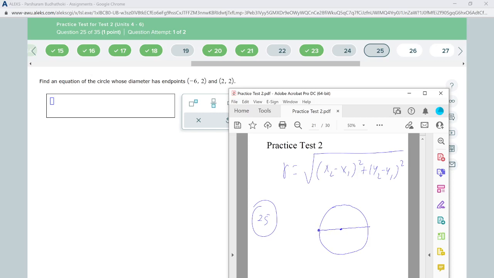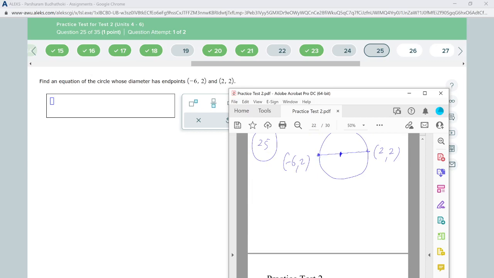They are giving you these 2 points: -6, 2 and 2, 2. To find the equation of the circle, you need the center, which is actually the midpoint of these 2 points, and you need the radius, which is the distance of one of these points from the center. So first of all, find out the center. Center is actually the midpoint of these 2 points.